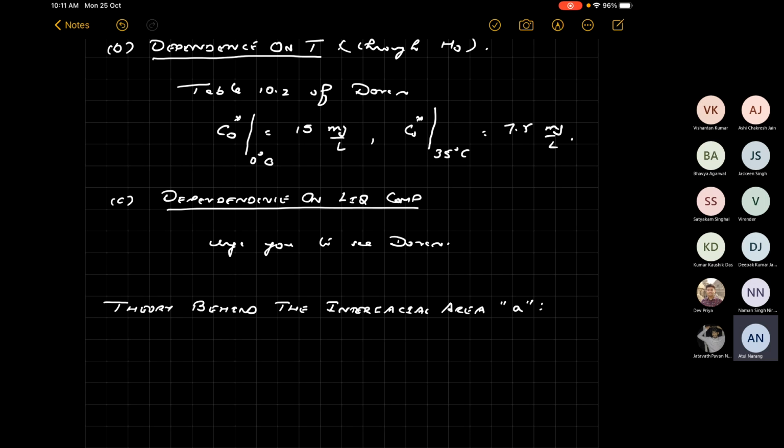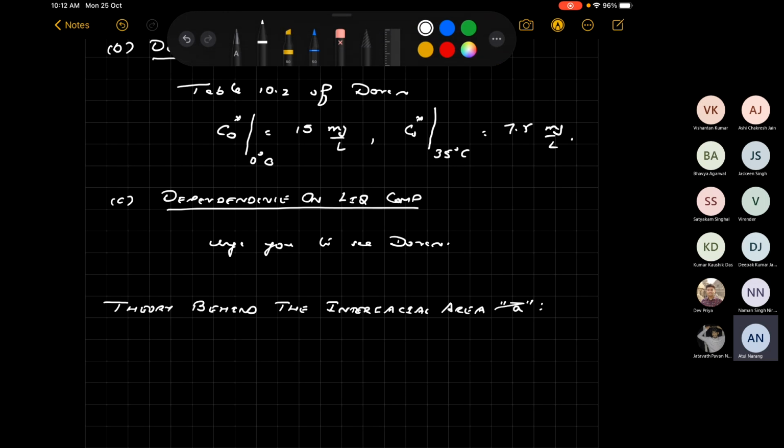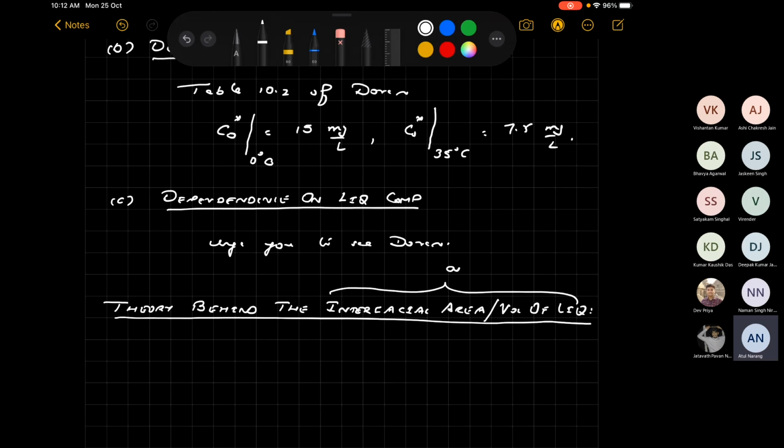I should correct myself. This is not right. This is interfacial area per unit volume of liquid. This is the quantity which I have repeatedly referred to as A, which comes in the KLA.